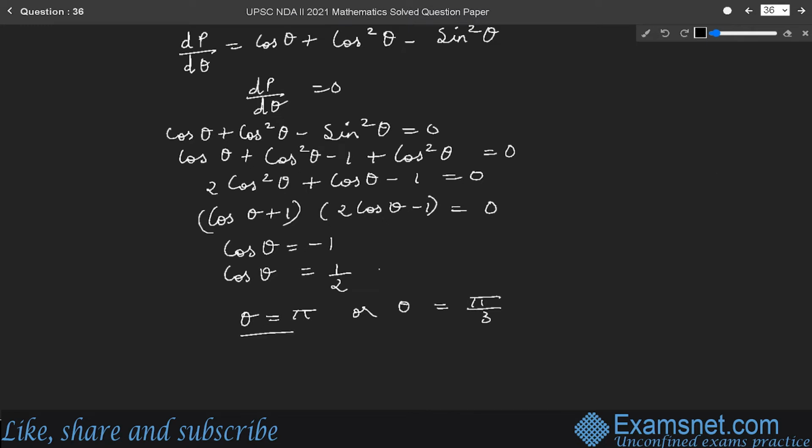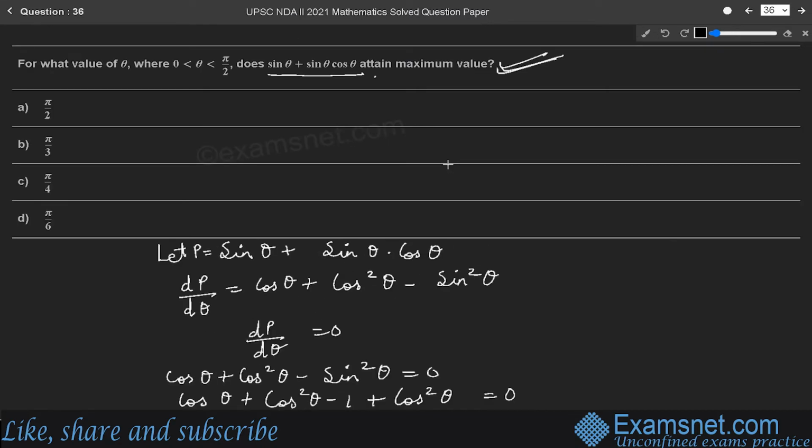Theta is equals to pi can be neglected, as we know that theta lies between 0 and pi by 2. So the correct option for this question is theta is equals to pi by 3. Therefore, the correct option is option number B, which is pi by 3.